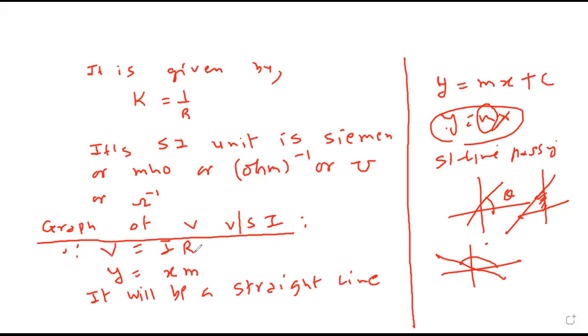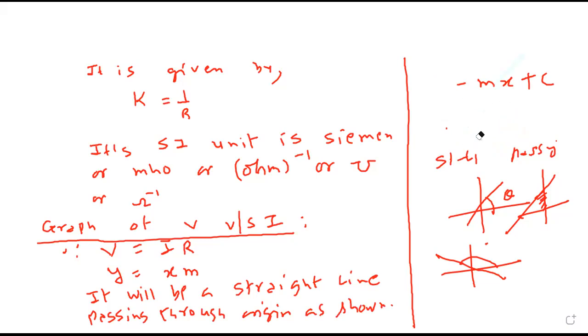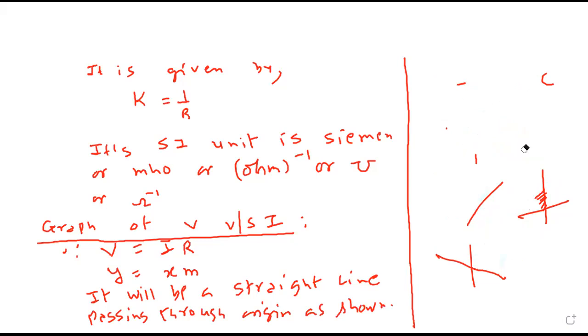So V equal to IR. If V is along y, I is along x, it will be a straight line passing through origin as shown. And slope will become m. M is comparable to R. Y equal to mx, therefore it is like a straight line passing through origin.